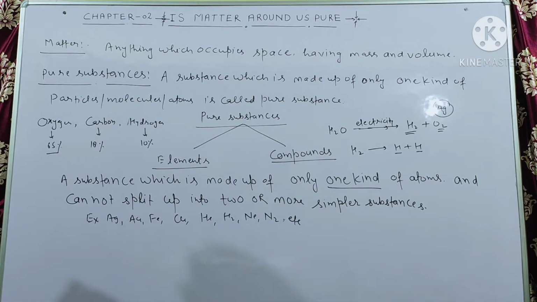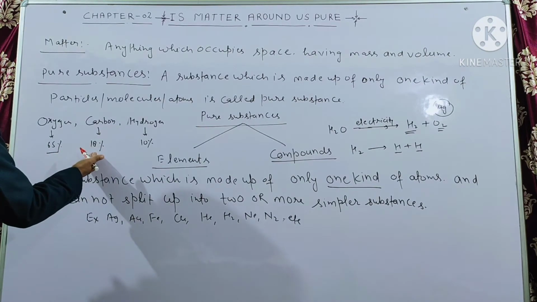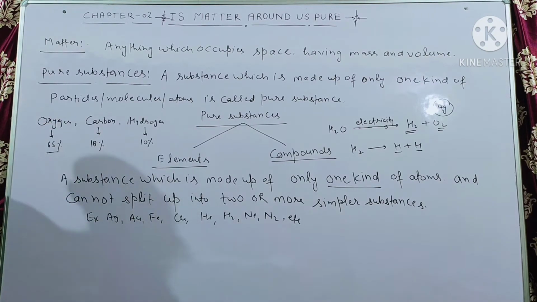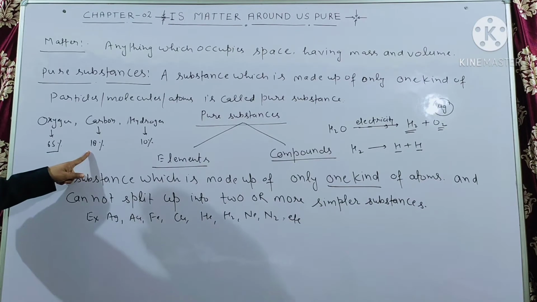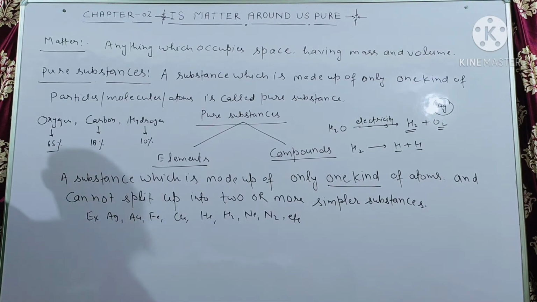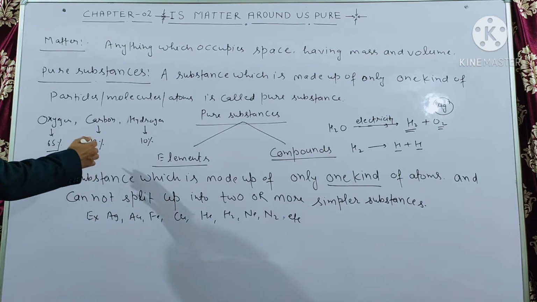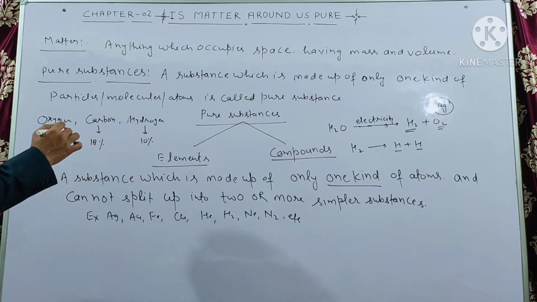So you can add and calculate this. 65 plus 10 is 75, and 75 plus 18 is 93, and 3 more makes 96.